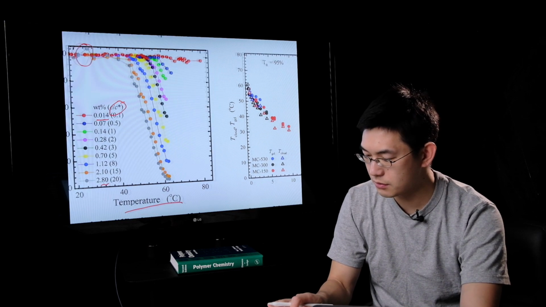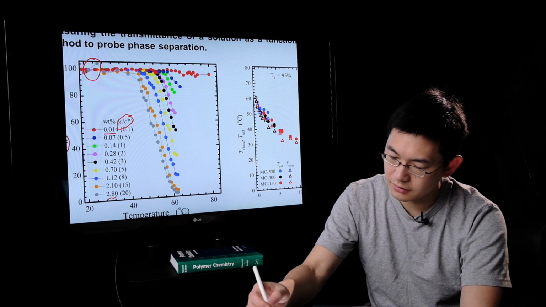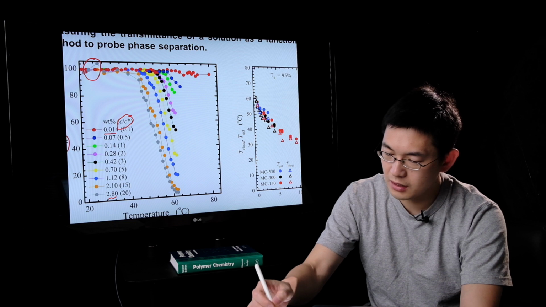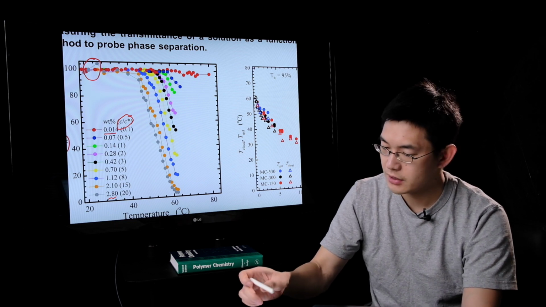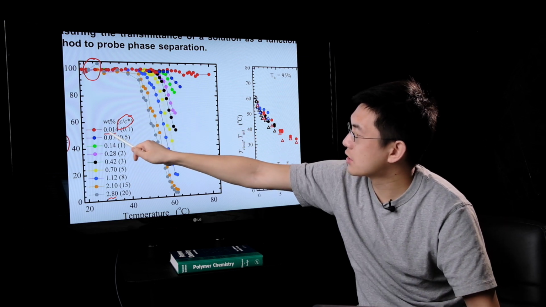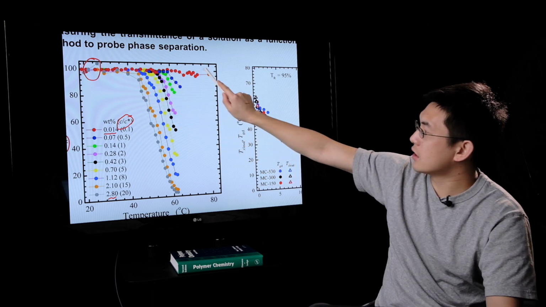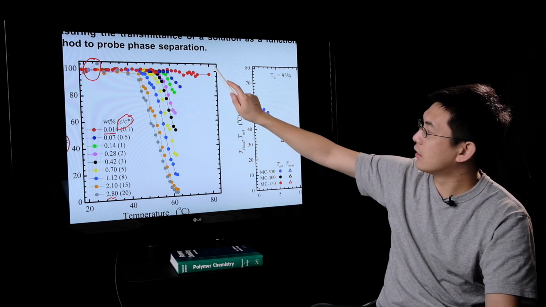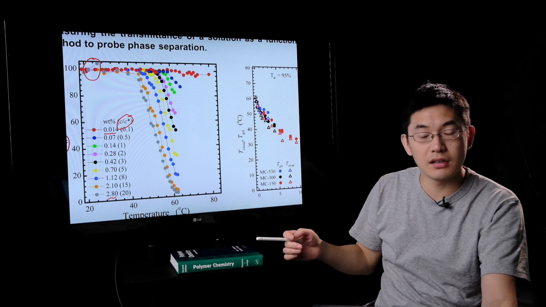And you were able to plot this as what is the temperature when your material starts to behave like two-phase and phase separate. On the left, this is going to be the one phase, and if you look at the lowest concentration, red dots, it's able to maintain one phase always, even at high temperature, at 80 degrees Celsius.